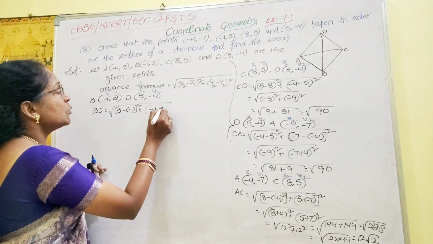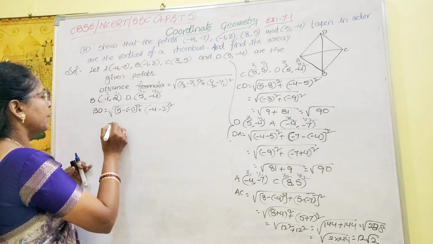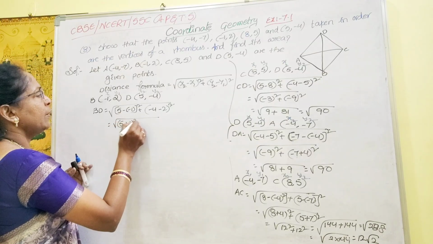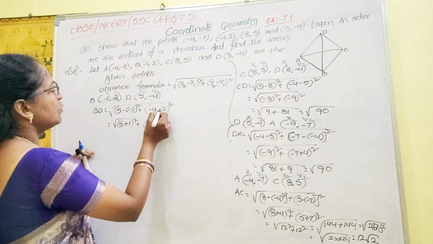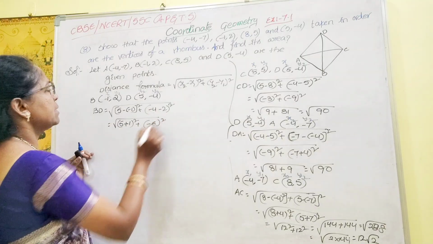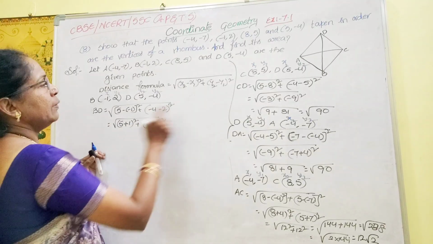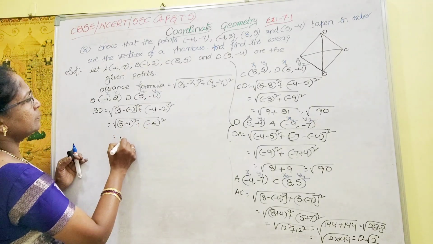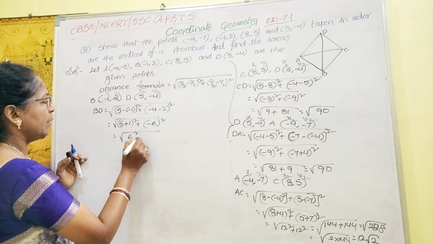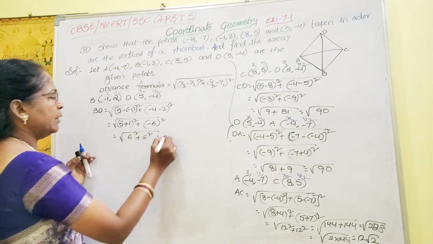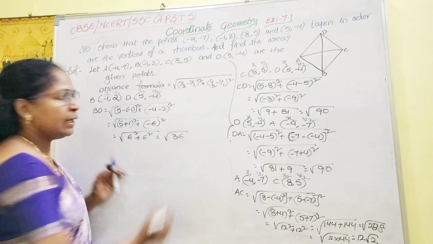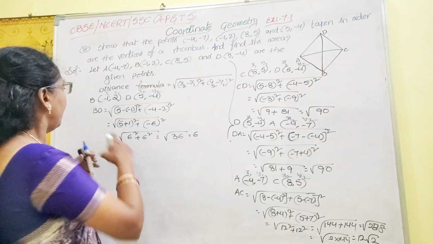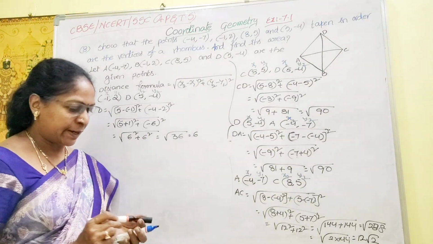Here plus 2 is there, so directly write minus 2 whole square. Next, (5 plus 1) whole square plus (-4 minus 2, that equals -6) whole square. So the square root of 6 square plus 6 square, that equals the square root of 72, that is 6 root 2. Where BD equals how much? 6 value.